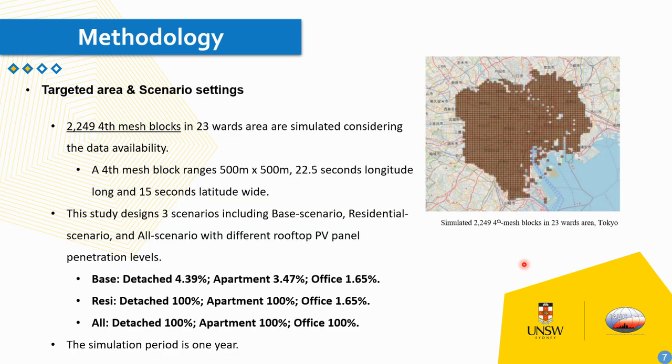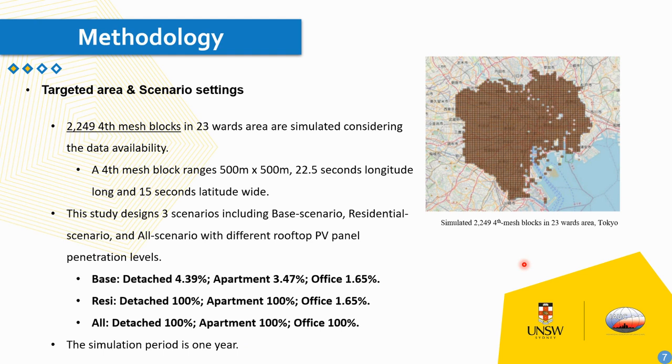So I will introduce the target area in Tokyo. Here we select more than 2,000 fourth mesh blocks. A fourth mesh block ranges 500 meters by 500 meters in Tokyo, and the block count is 2,249. Because we are trying to find out the impact with and without PV panels, we designed three cases.